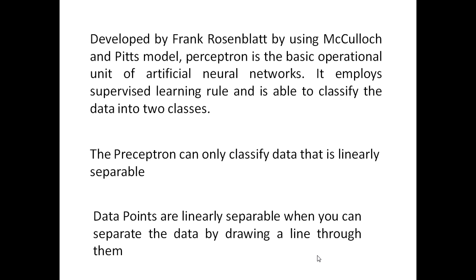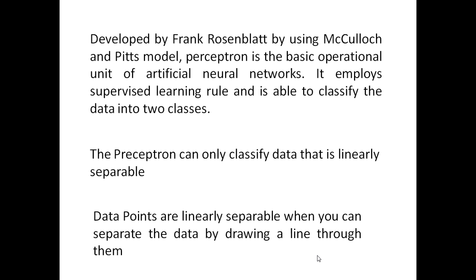Another thing, in the MP neuron there was a concept of linear separability, and in the same way the perceptron also classifies the data if they are linearly separable. Which data are we calling linearly separable? The data in which we can separate them by drawing a straight line between them.